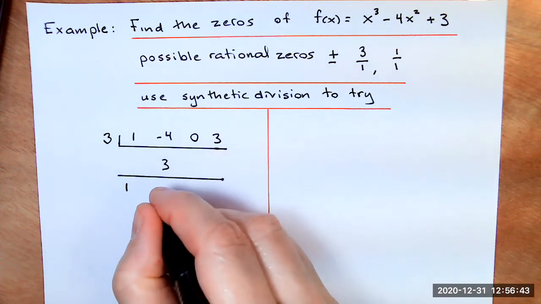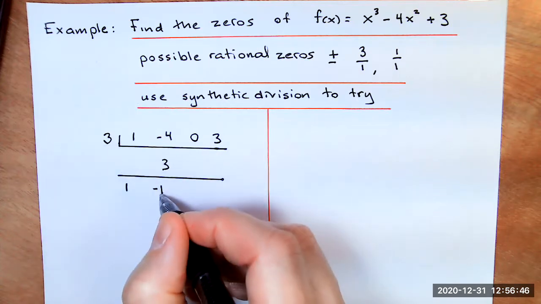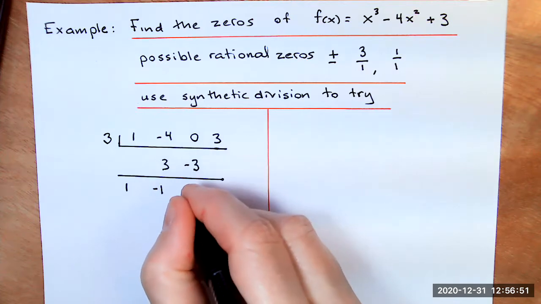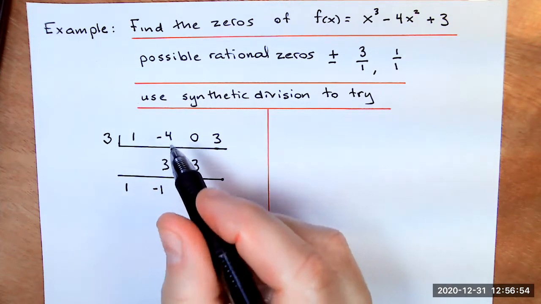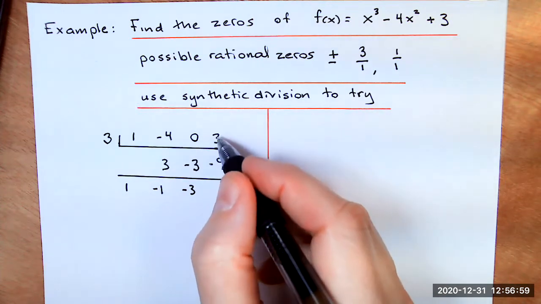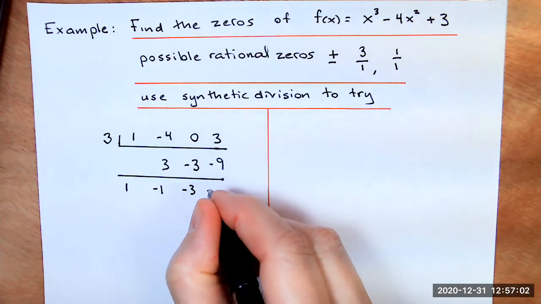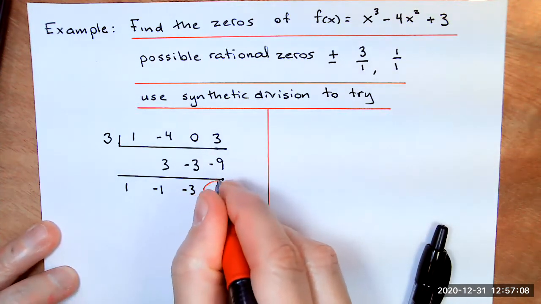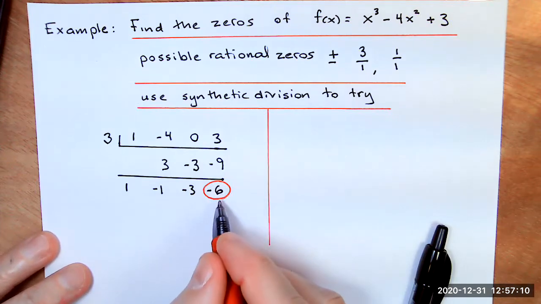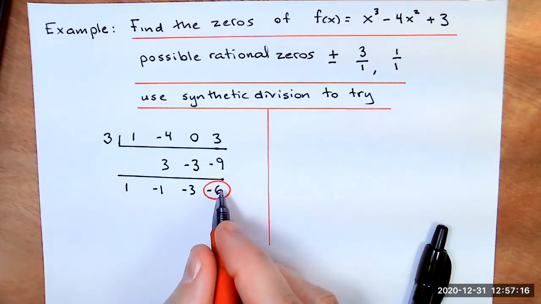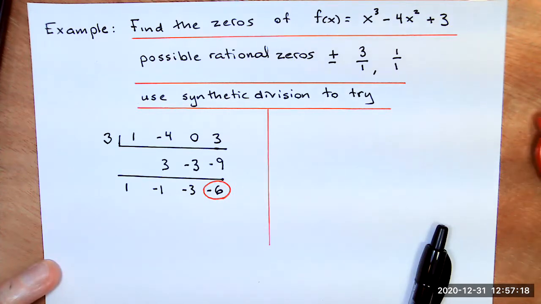Negative 4 plus 3 is negative 1. 3 times negative 1 is negative 3. 0 and negative 3 makes negative 3. 3 times negative 3 is negative 9. 3 and negative 9 make negative 6. So this is your remainder. If your remainder is 0, then it's a factor, but the remainder is not equal to 0. So x minus 3 is not a factor. Let me write that down.